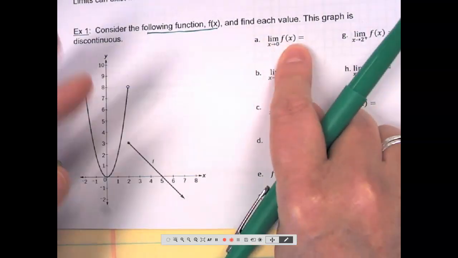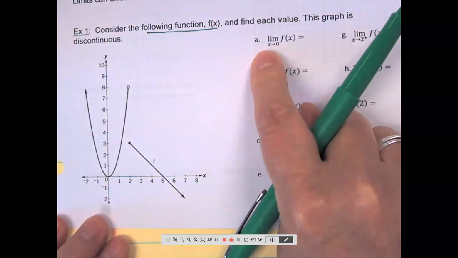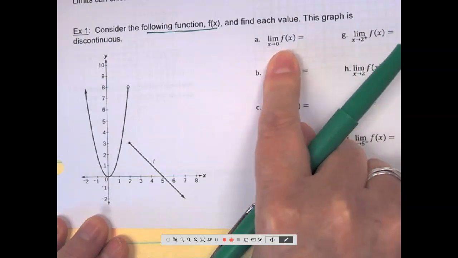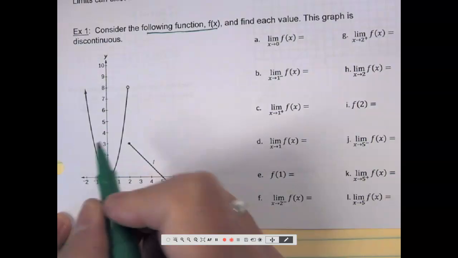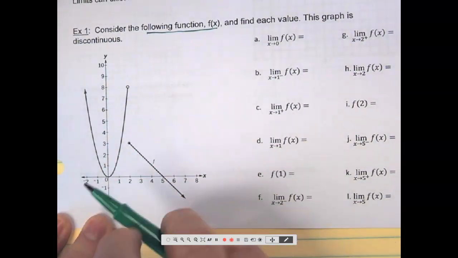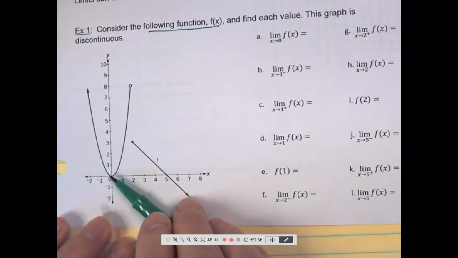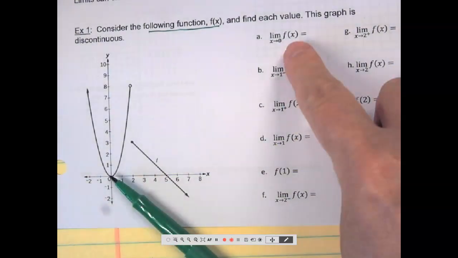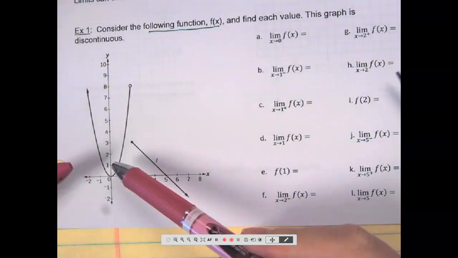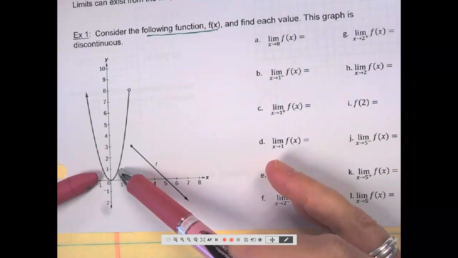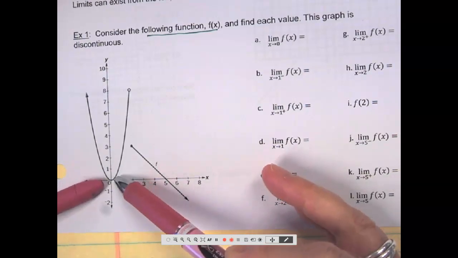I want the limit of this function as x approaches 0. So I'm going to go to the graph and find where x is 0, which is right there. I'm coming in from both sides, closer and closer to where x is 0.